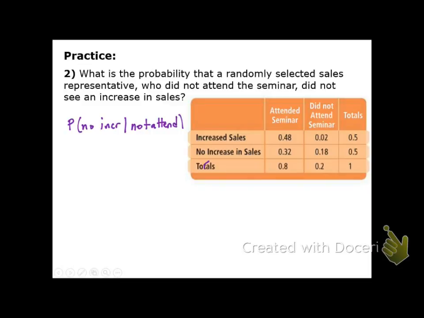So in order to calculate the relative frequency here, we're going to be looking at the relative frequency for a person who did not attend and saw no increase. So did not attend, no increase in sales, over the total for the did not attend seminar. So that would be 0.2. So in this case, our relative frequency or probability would just be 0.9.